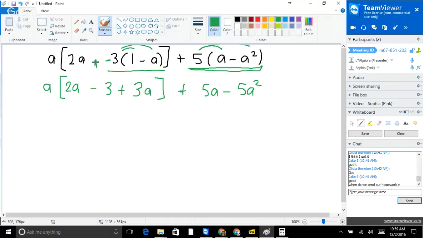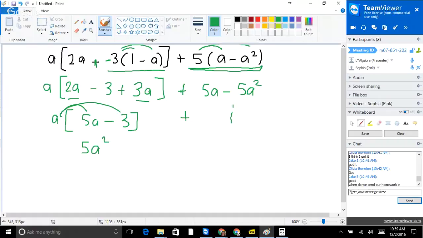So now, can we add anything up inside these brackets? 2a plus 3a is 5a minus 3. And this all stays the same over here. Dot, dot, dot. Keep going. Now, how do I simplify this? Distribute the a, right? So a times 5a is 5a squared.